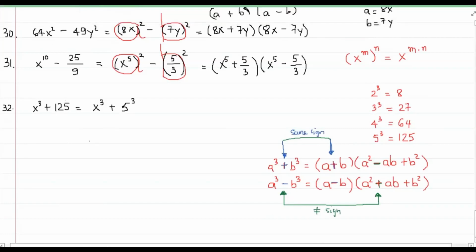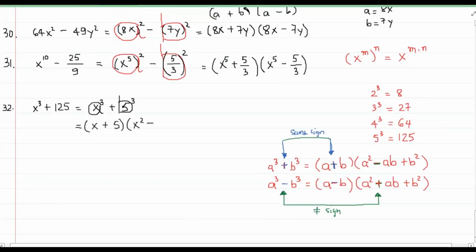Now we continue with this one. We have a, in this case, is x, and b is 5. Now use the formula: we will have x plus 5, the same sign, times x squared.